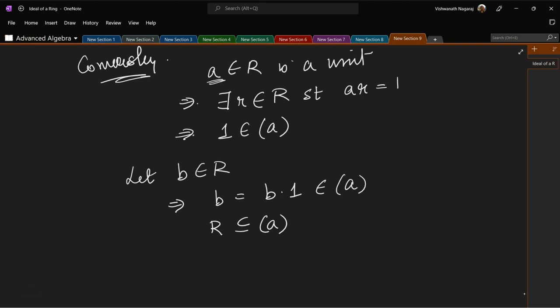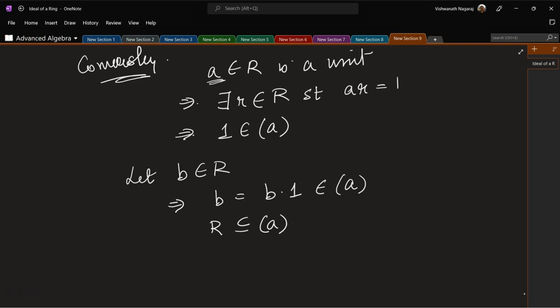So B times 1 belongs to A because 1 belongs to the ideal and B belongs to R, so its product belongs to A. So we have found that elements of R belong to the ideal A, which means R is a subset of the ideal generated by A.